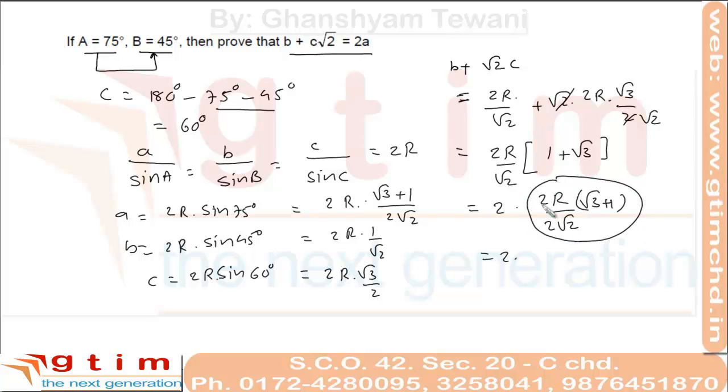Now this value is equal to what? a. So we have proved b plus c root 2 is equal to 2 times a.